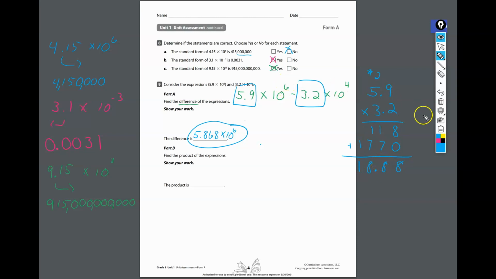And remember, when we were multiplying powers, we added our exponents. So that would be 6 plus 4, which gives us 10. Now look at my answer. Not quite in scientific notation. I'm going to move that over 1 spot to give me 1.888. That got smaller. This gets bigger. So the product is 1.888 times 10 to the 11.